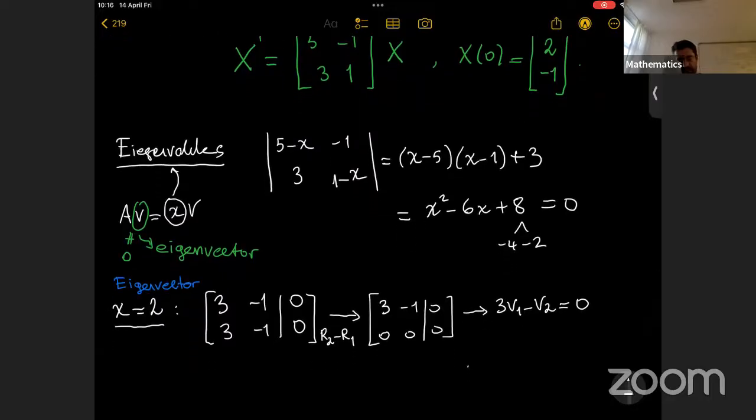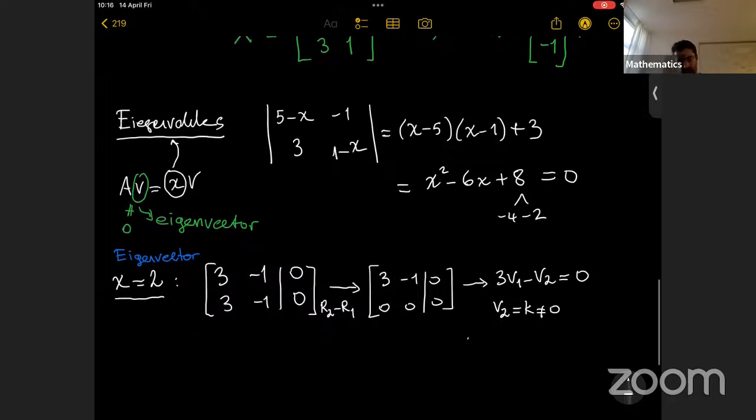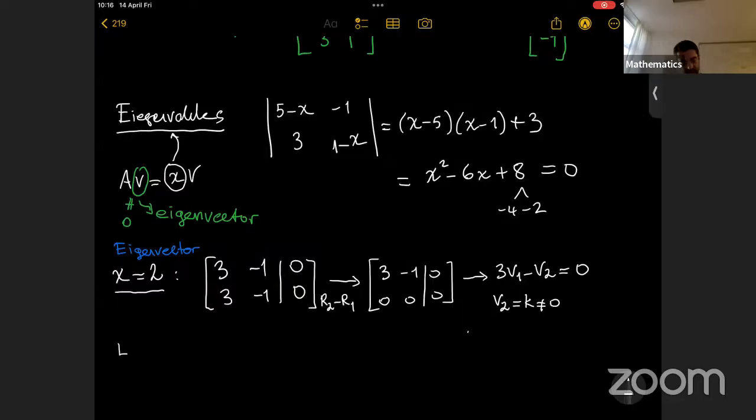Let's say v2 is free, so v2 is k, which is non-zero, let's say. So the eigenvector is k times (v2 over 3, v2), so (1 over 3, 1).